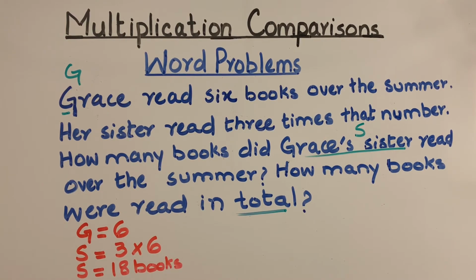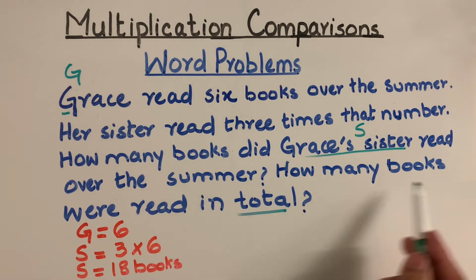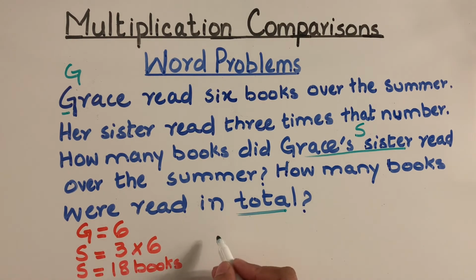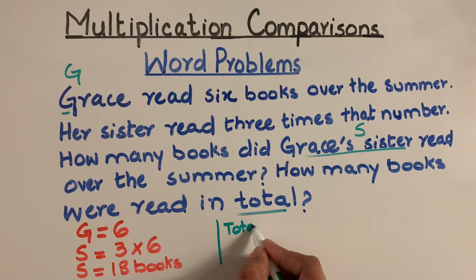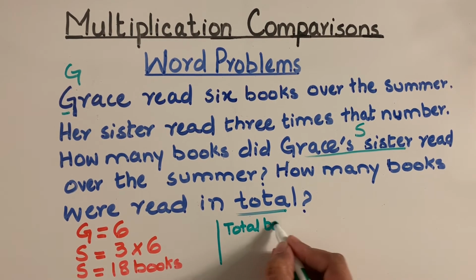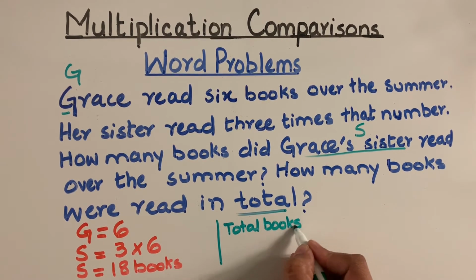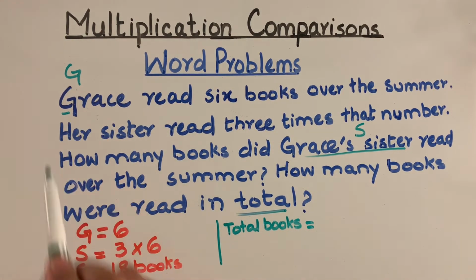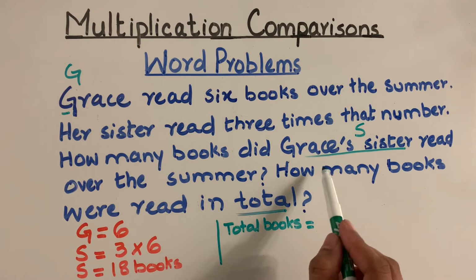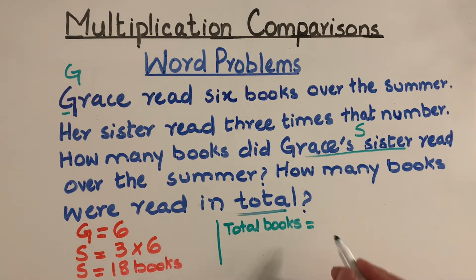Let's do the second part of this problem. How many books were read in total? Total books read. How will we get this total? Books read by Grace and books read by Grace's sister.